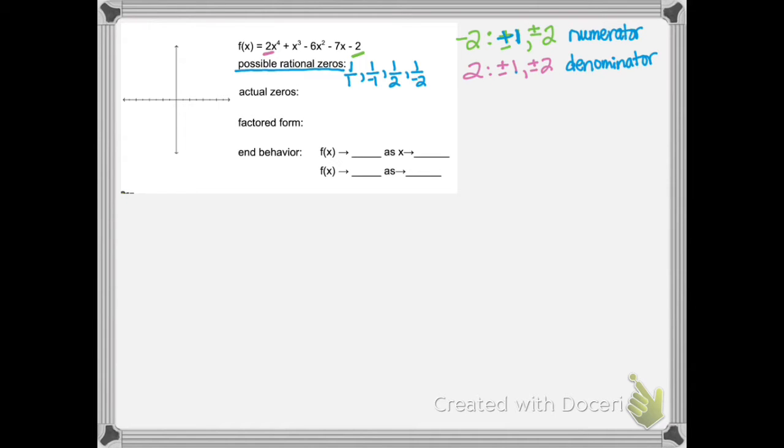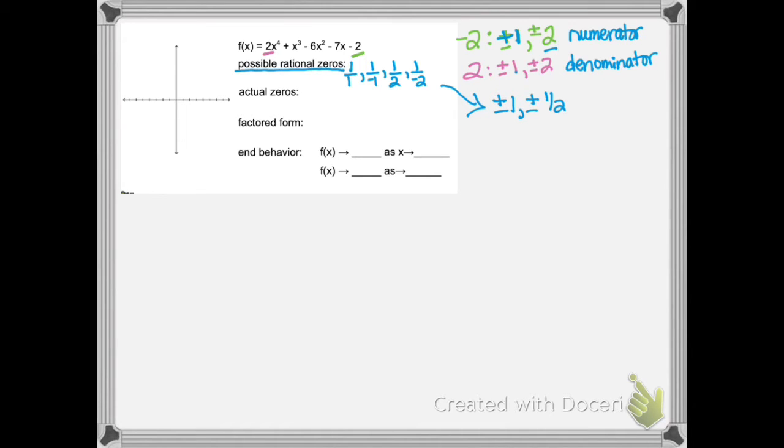Now, you're going to get a pretty long list like that, so usually we'll write it as positive or -1, because I know 1 divided by 1 is 1, so is 1 divided by -1 would be -1, and positive or -1/2. Then I'm going to do the same with this 2.